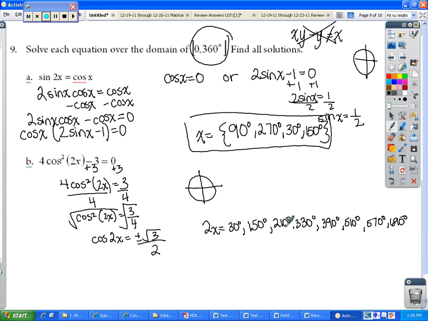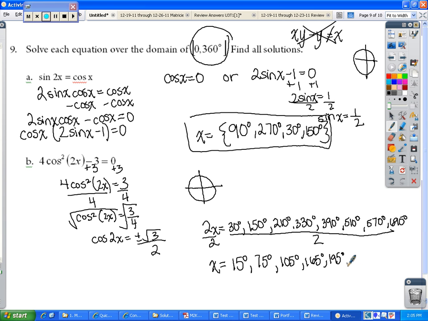So what am I going to have to do to each of these angles in order to get what x equals? Well, I would have to typically divide by 2. So literally, I'm going to divide all of these angles now by 2. So now x equals 15, 30 divided by 2, 150 divided by 2, 210 divided by 2, etc. 330 divided by 2, and you will wind up with 8 angles between 0 and 360.